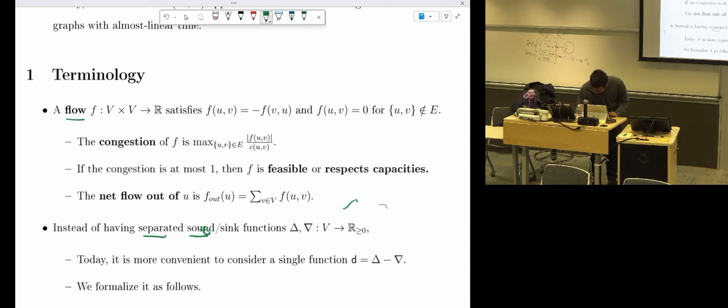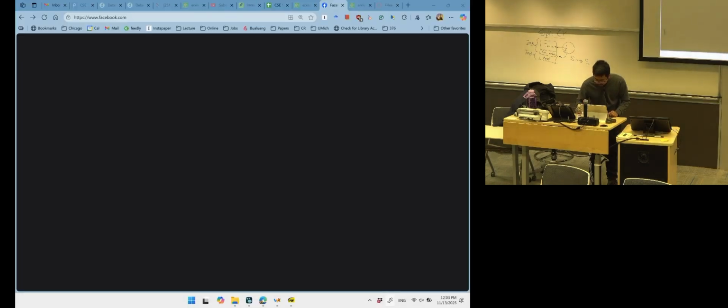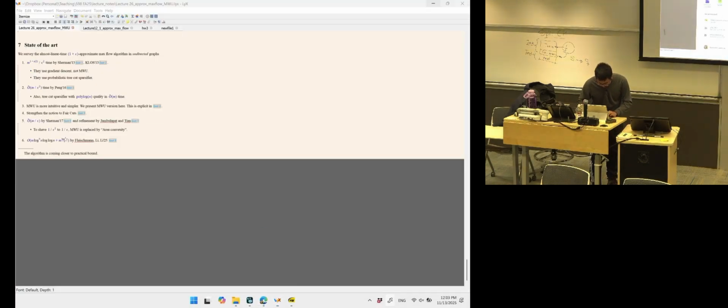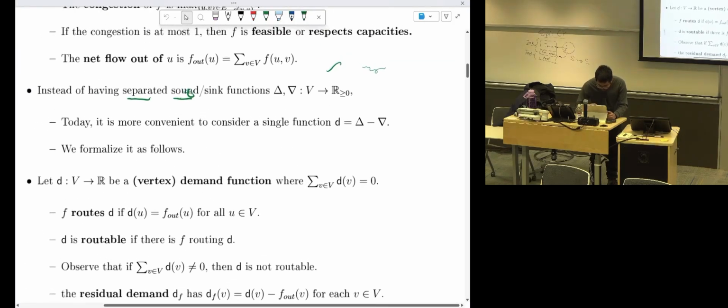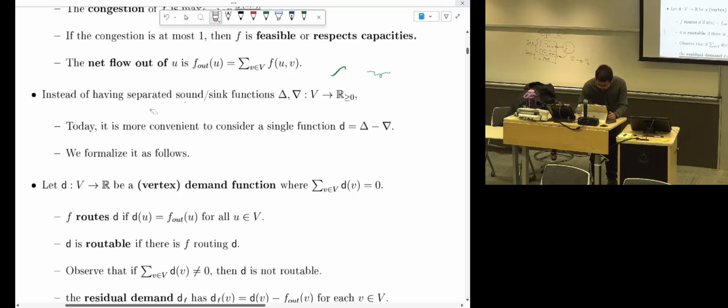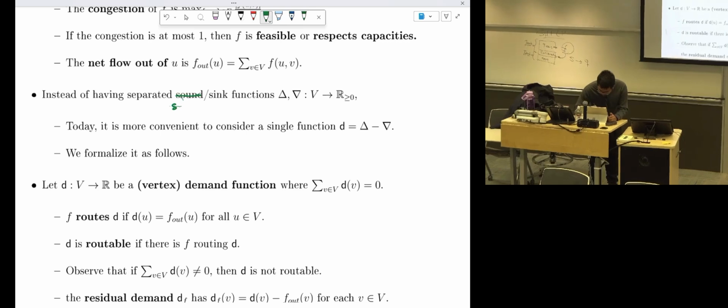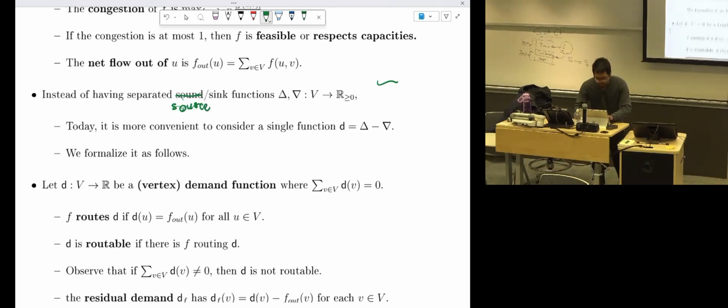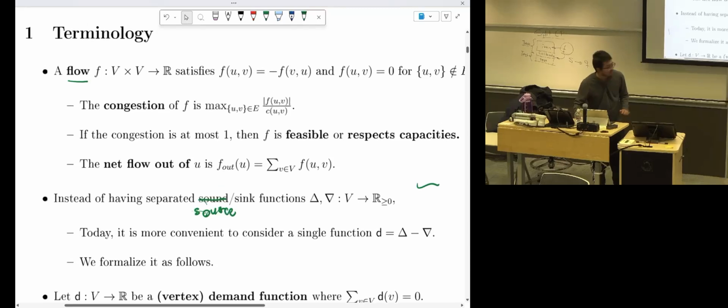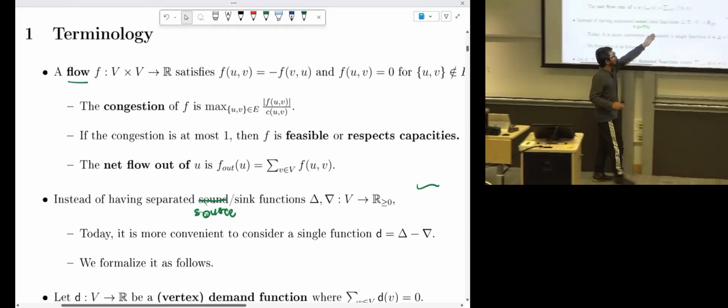And instead of talking separately about source and sink functions, we don't want to do this. It's kind of less convenient today to talk separately about source and sink.